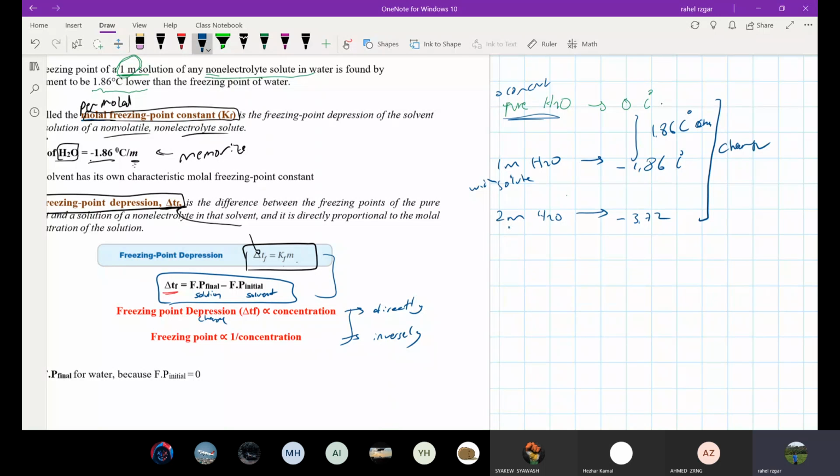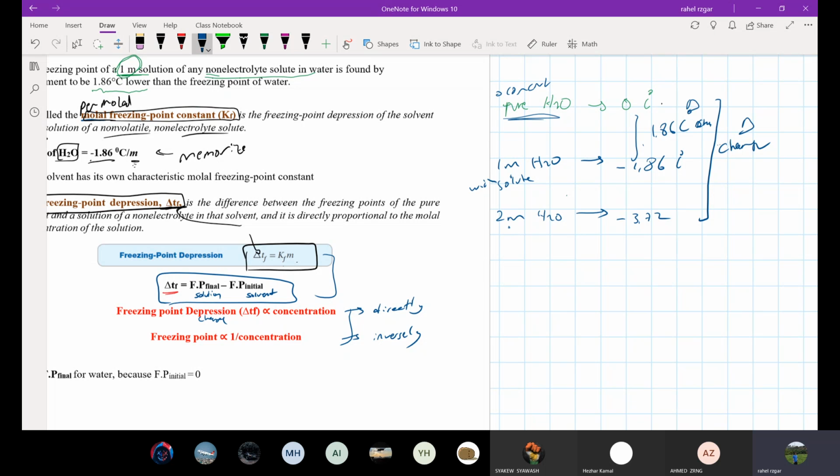So it's increasing. But as the concentration is increasing from 0 to 1 to 2, the freezing point is decreasing from 0 to minus 1.86 to minus 3.72. But what is happening to the change? Look at the change. The change has increased.